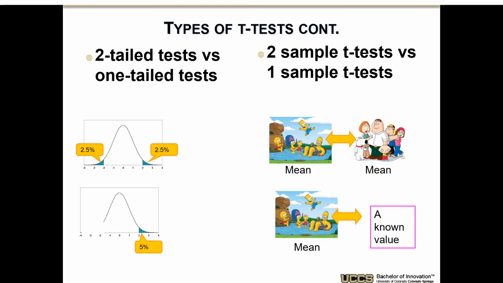It's because you actually want to test a mean against a known value. So if I have a Likert scale and I'm looking at users and interpretation, and 3 is acceptable, 4 is good, 5 is excellent, and I want to say the users' answer was that this user interface was at least good, which is 3, 4, or 5, then I'm going to compare the mean against the value 3.